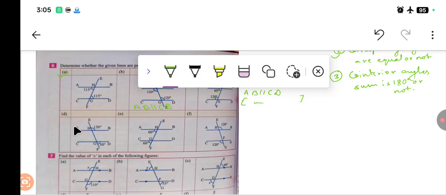In question number D we have 130 degrees and 50. There is no direct relation between this 130 and 50. So what do we see over here? A straight line is seen over here. If this angle is 130, then the remaining angle will be 50, because in a straight line the sum of the angles is 180.